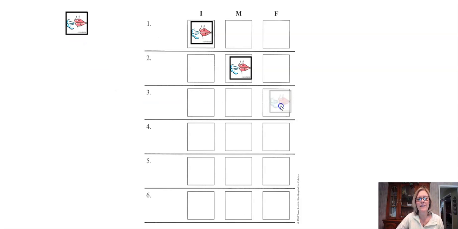And where did it go? Final position. So that shows me something. If we look just at my picture, a B sound can come in the initial position, it can come in the medial position, or it can come in the final position. It can be anywhere in a word. So that's pretty neat to know.